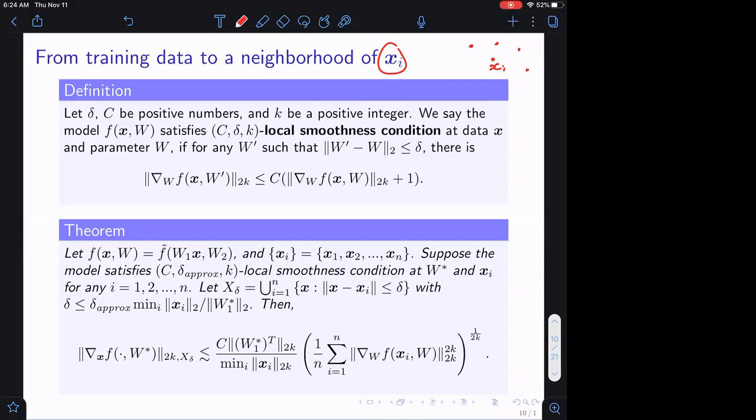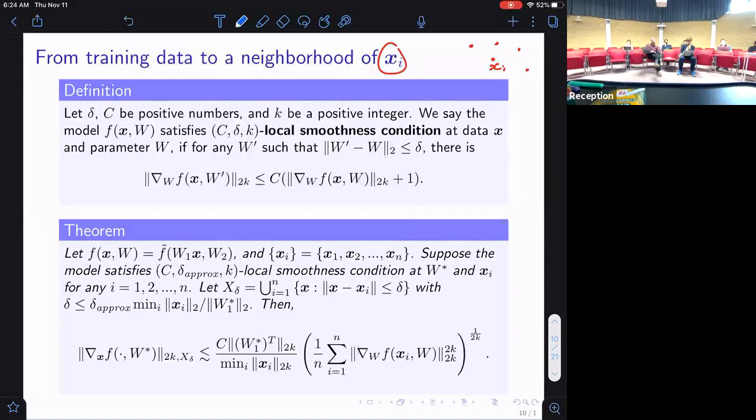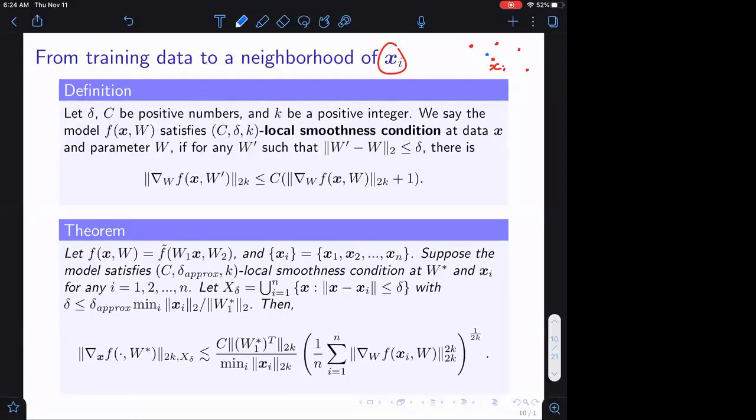So the best you can hope for is that the testing data point, let me use a slightly different color, will be somewhere close to one of these xi's. So in order to show the generalization power, we need to have an estimate on the gradient in x away from the data points xi. So what we do is extend it to a neighborhood.